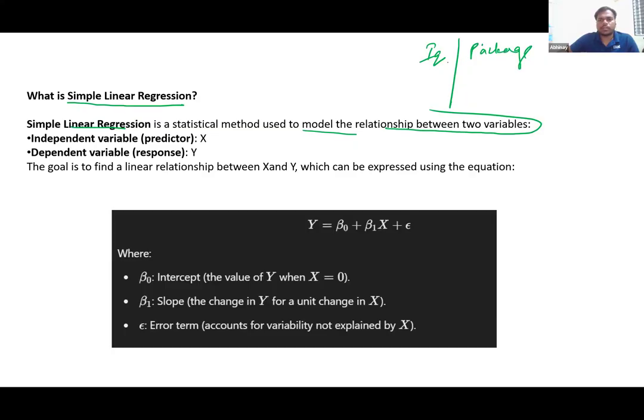The first one is your independent variable, your predictor, x, and the other is your dependent variable, that means your response, y. So this will be treated as x, and this will be treated as y. What will be our goal? Our goal will be to find a linear relationship between our x and y, right?